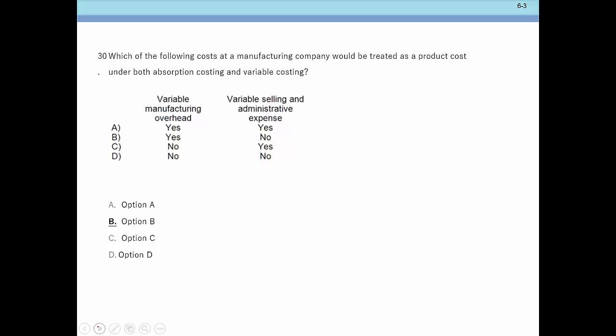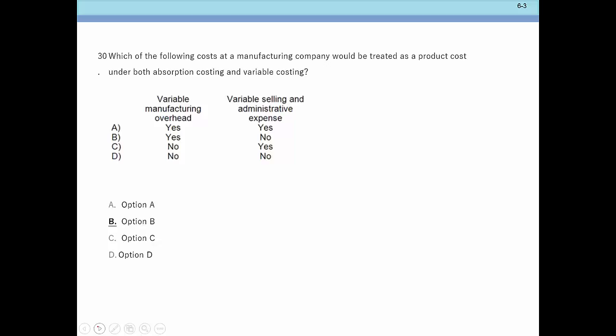Okay, so variable manufacturing, yes, right? That was a product cost under both of them, right? Whereas variable selling and administrative, no, that is not a product cost under either of them. Under both absorption and variable, it is treated as what? As a period cost, isn't it?